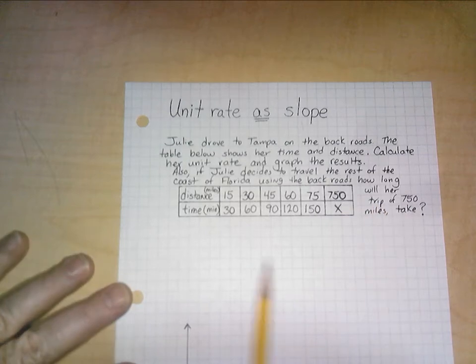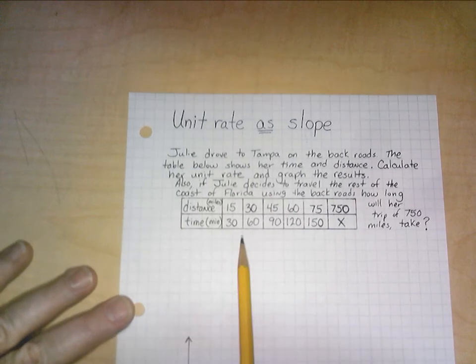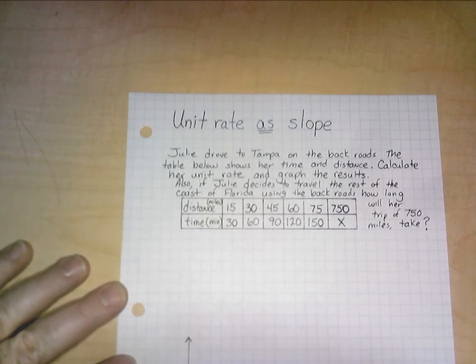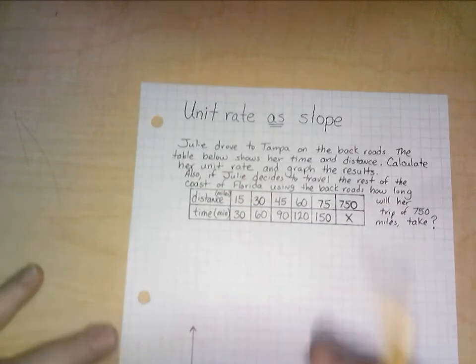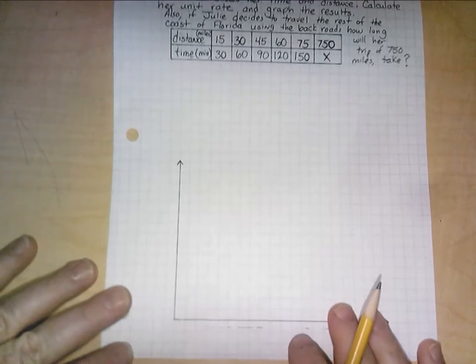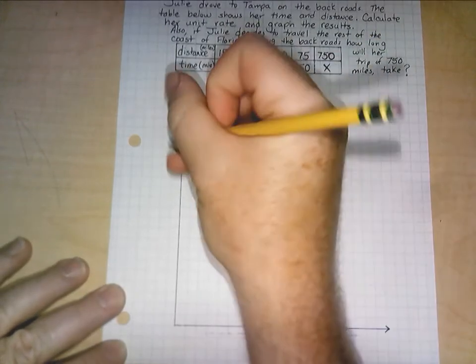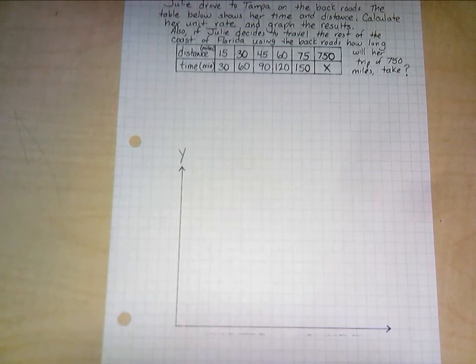So we want to start at the beginning, and we want to find out what our change in y is over change in x. Now typically on a graph, our y-axis is going to be something that increases, like distance, money, something that we can gather, something that can increase numerically.